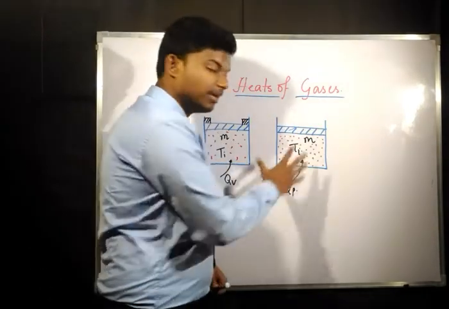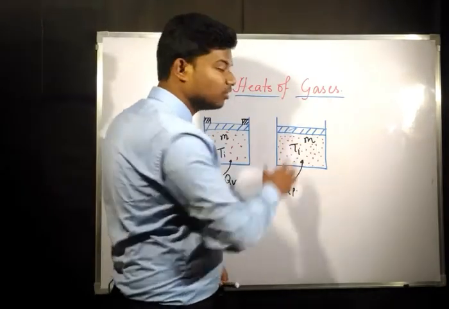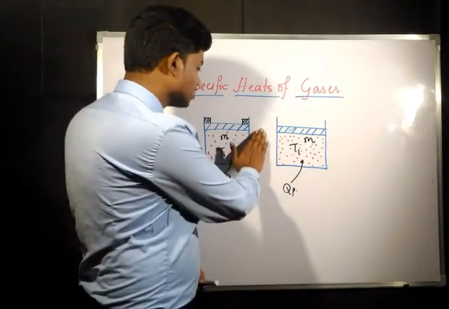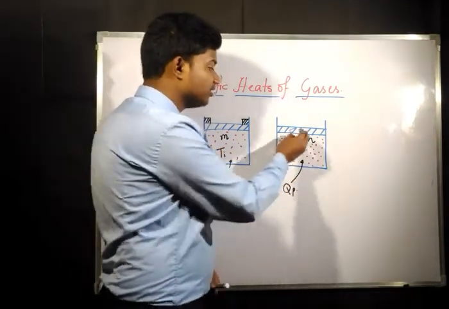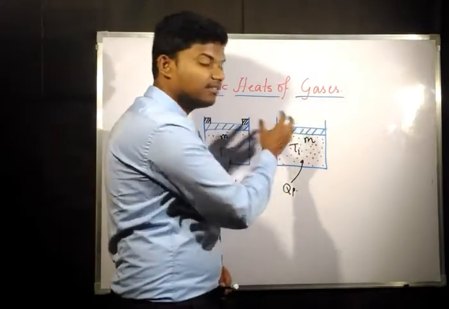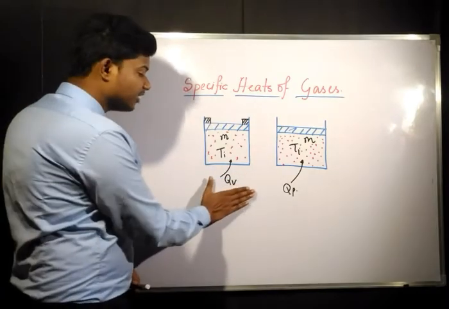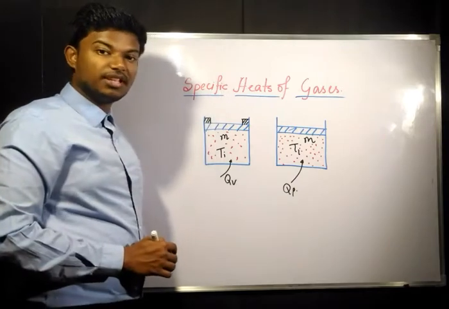Now if you give some heat and the air tries to expand, the piston will go up. In this case there are no stoppers, so if you give heat, the piston can go up. If it goes up, the pressure inside is maintained. So to understand this very carefully, let us start with the first one, that is constant volume, specific heat at constant volume.